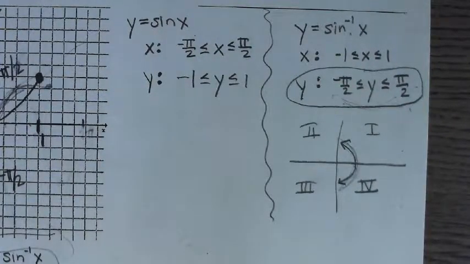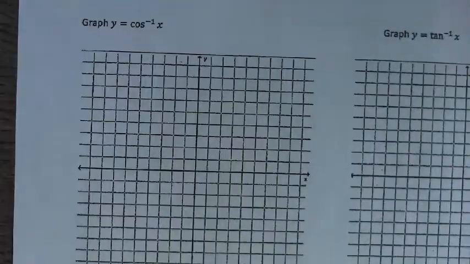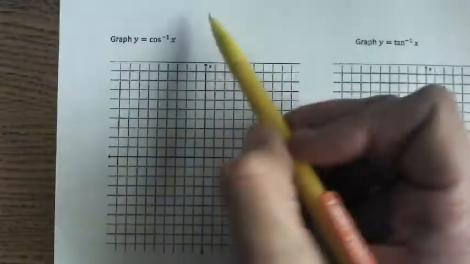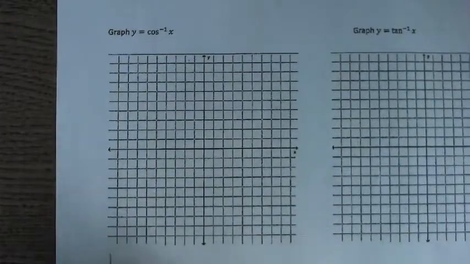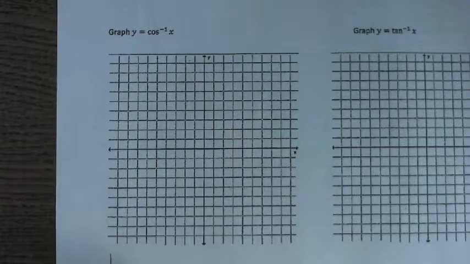Okie doke? Okay? And then there's the cosine. So let's do a similar activity to think about what quadrants the inverse cosine is limited to. I'm just going to sketch it off the graph. Here's my cosine parent graph. And we can extend that.